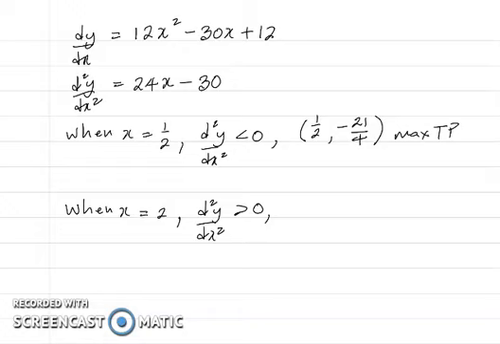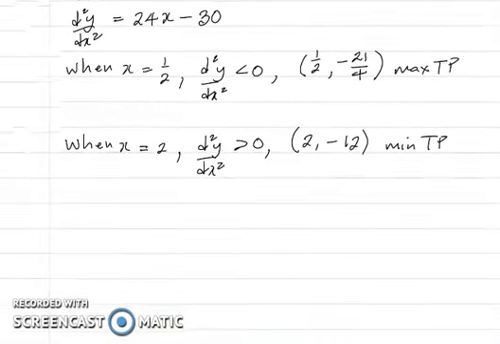So it means that if d2y by dx squared is positive, the graph concaves up. If it concaves up at the point 2, minus 12, the point 2, minus 12 would be a minimum turning point.